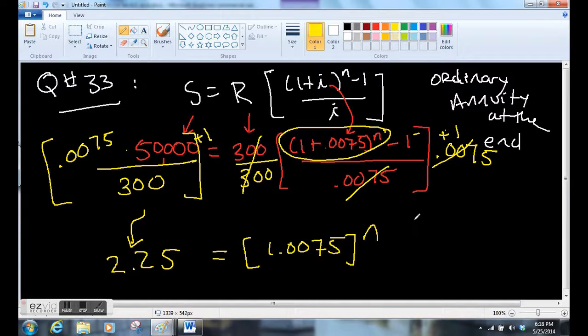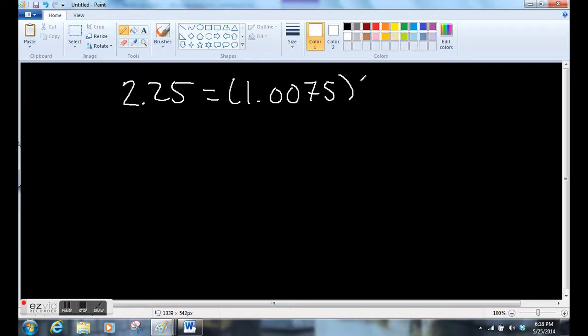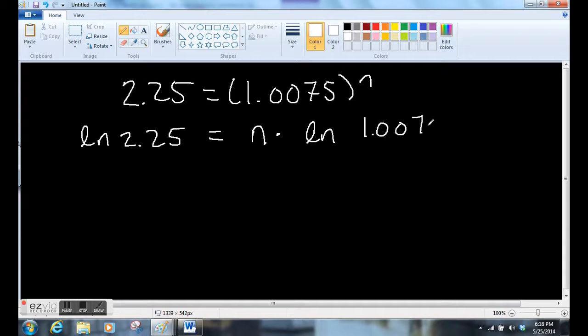We're solving for n. How do you get n out of the exponent? Are you thinking natural logs? That's what I'm thinking. So we have 2.25 equals 1.0075 raised to the n. So I'm going to take the natural log of both sides, and this gives me, I'm skipping the step, n times natural log of 1.0075, because the n can go in the front of the natural log.